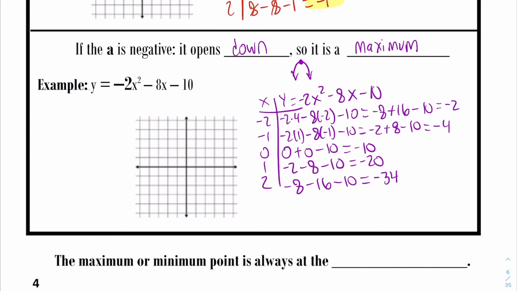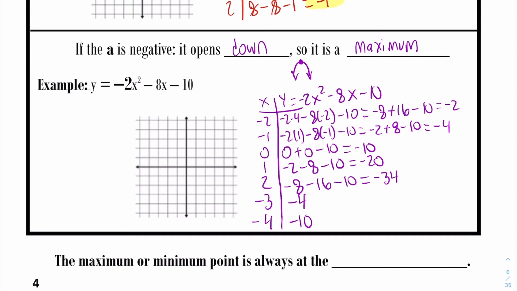Okay, so those are all correct, but it looks like the axis of symmetry is going to be more in the negative direction. So let me go back to negative 3, and that would give me negative 4. Negative 4 will give me negative 10. And now I can see that these numbers are starting to repeat because we passed the axis of symmetry.